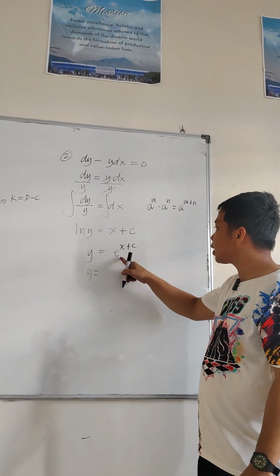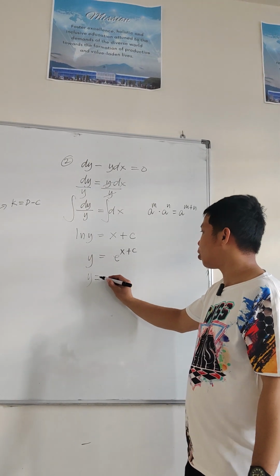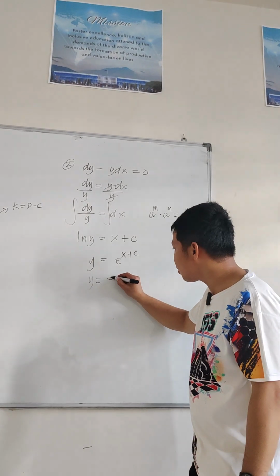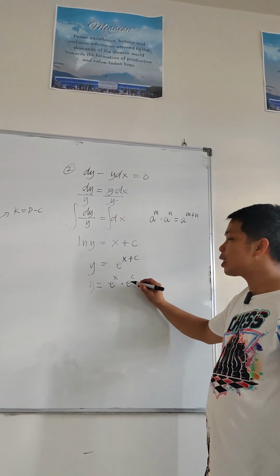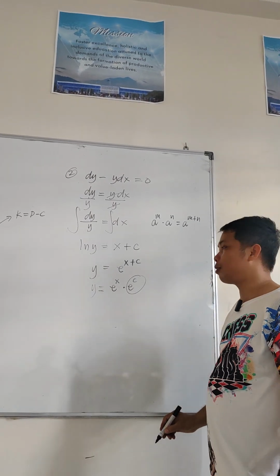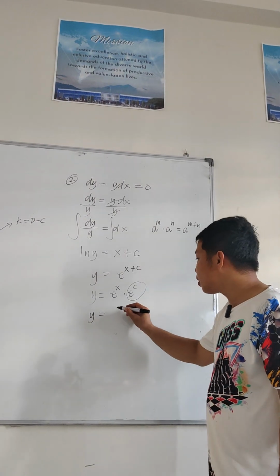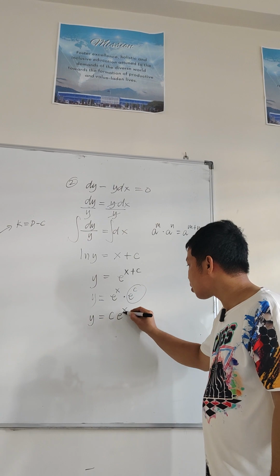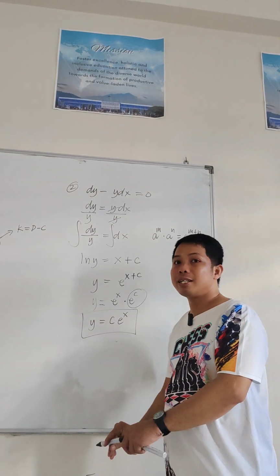So therefore, itong e raised to x plus c can be decomposed, pwede mo siyang ma-separate. We have e raised to x multiplied by e raised to c. So yung e raised to c is an arbitrary constant. Therefore, pwede mo siyang gawin na c, c e raised to x or c sub 1. So the correct answer is y is equal to c e raised to x.